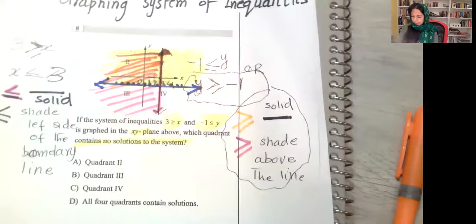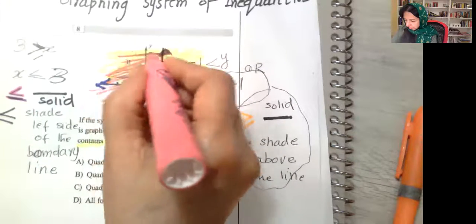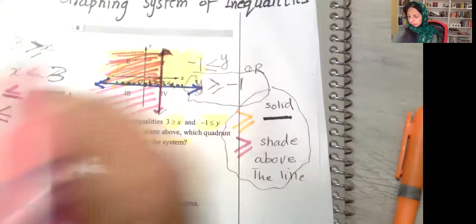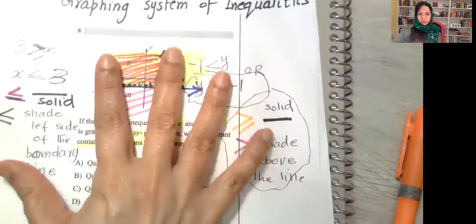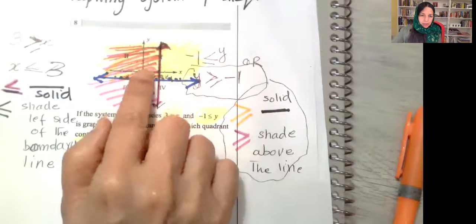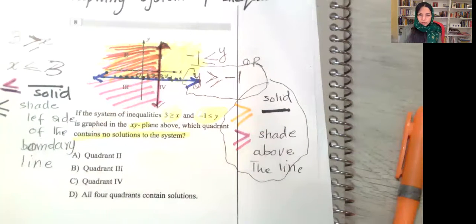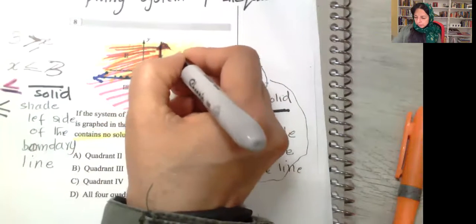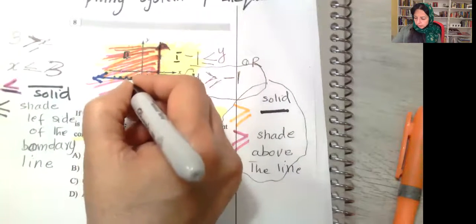Looking at this, since we are talking about the solution for the system of inequalities, we should look for the part where the shadings overlap, which is in this area. Pink and yellow are overlapping here. This is quadrant 1, this is quadrant 2, and this is quadrant 3.